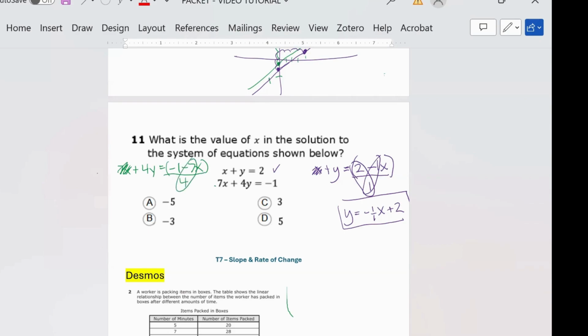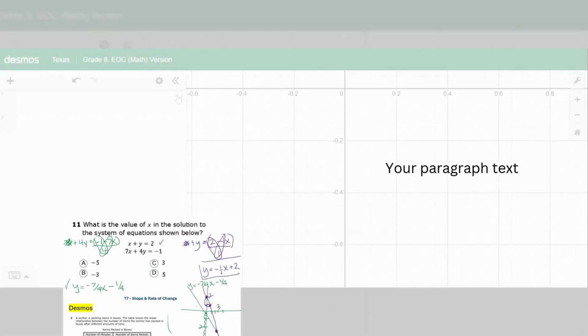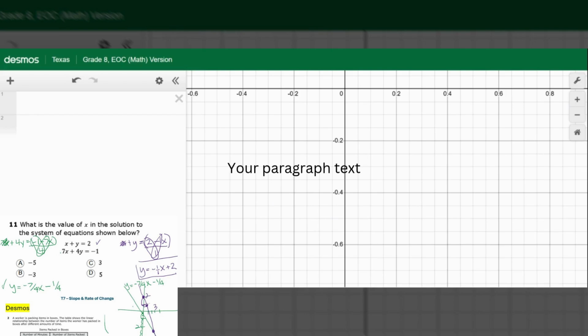My slope is this, and my y-intercept is this. So my equation is y equals negative 7 over 4 x, minus 1/4. Now, if you graph this, you will see the intersection. Again, I'm going to show it to you on Desmos. We solved it earlier, so we're going to graph both.